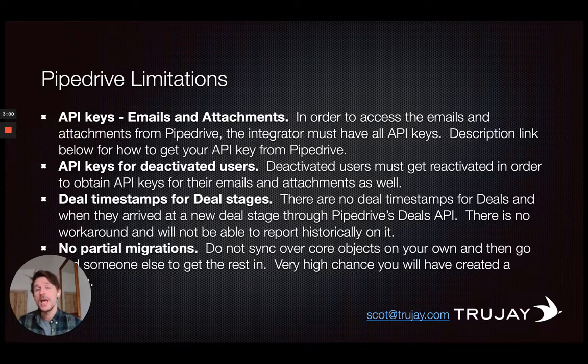If you want their emails and attachments to migrate as well, you have to contact Pipedrive and reactivate those deactivated users so that you can get an API key. No integrator, no one will be able to grab these emails and attachments unless they have that. It might mean something to your business, it might not at all, but you might have a little bit of friction there with Pipedrive. Just let them know you need to reactivate.